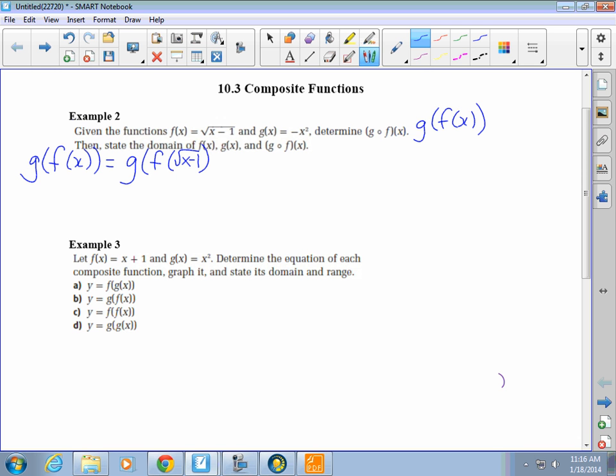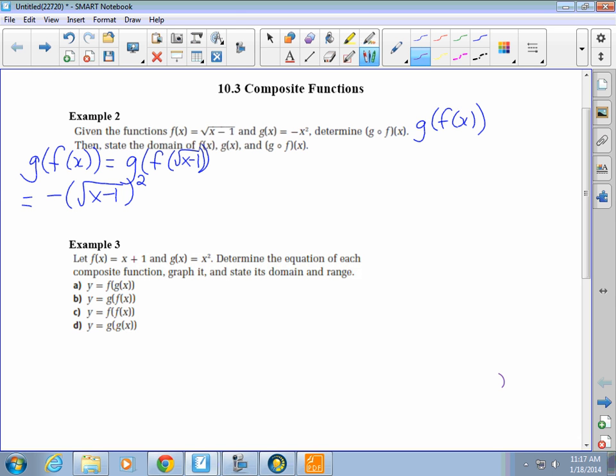So wherever there is an x value in your g function, you're going to substitute in, I should have a second bracket there, square root of x minus 1. So that means that I'm going to do negative, substitute in my f(x) function into the x. So it's going to be negative square root x minus 1 all squared.